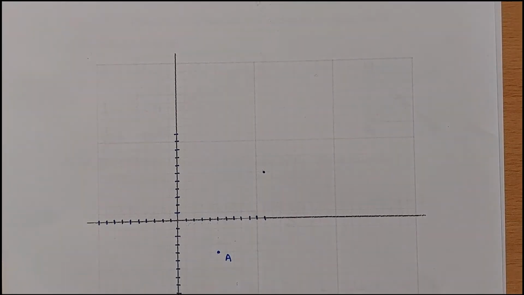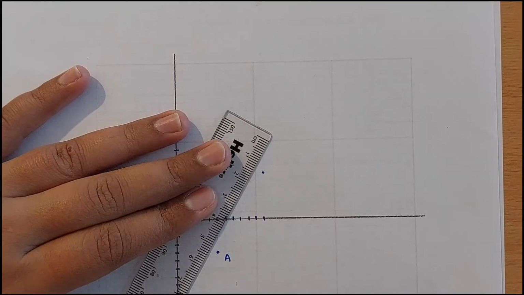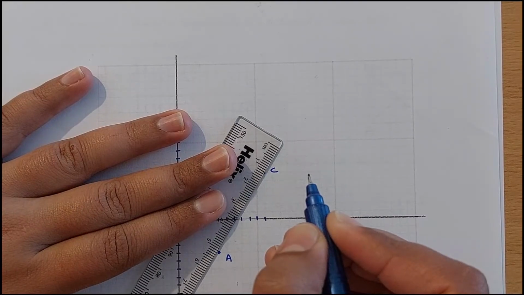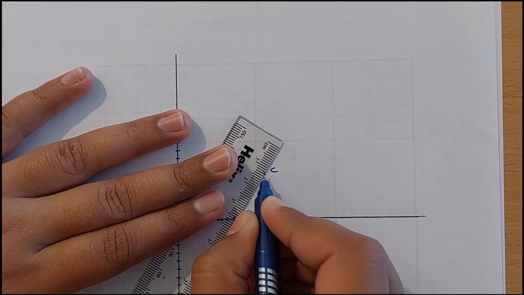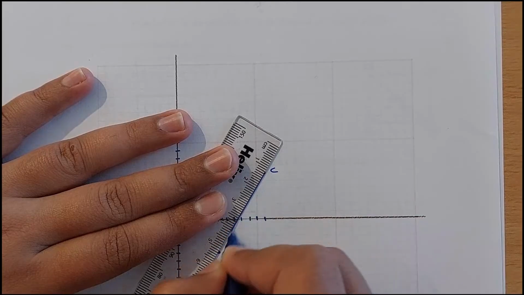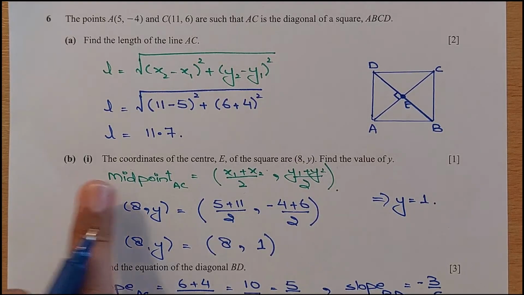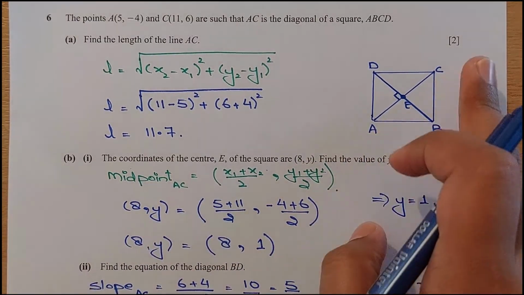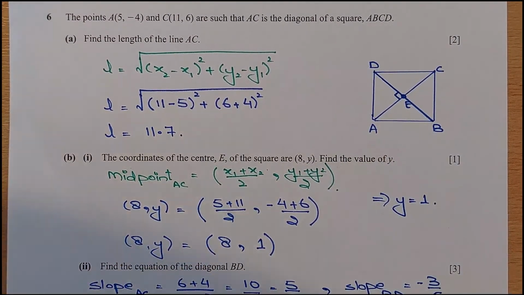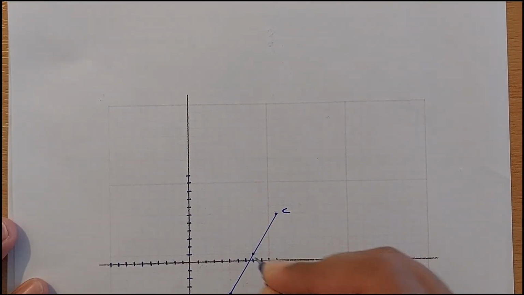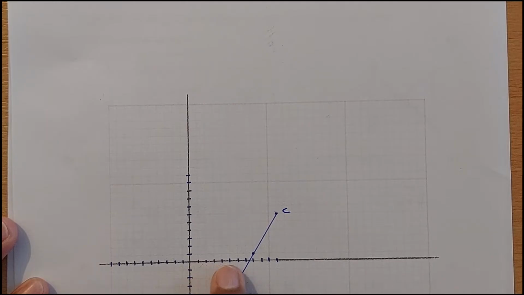Okay, let me connect these 2 points because these are the diagonal of the kite, right? And we have been given that the midpoint of AC is E, that is 8, 1. So as you can see, the midpoint is 8, 1. x is 8 and y is 1, 1, 2, 3, 4, 5, 6, 7, 8 and y is 1 at the top.